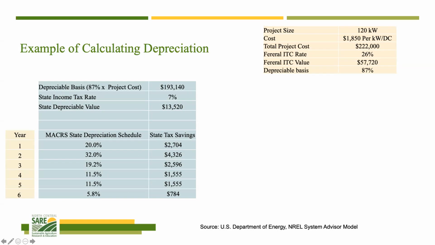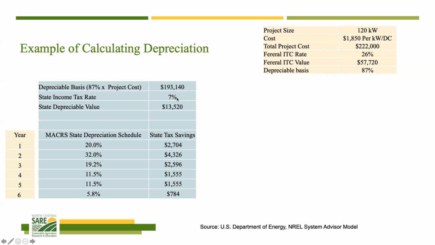And as I just discussed, because we're using the 26% investment tax credit program, we need to reduce the total project cost, which is $222,000, by half of the investment tax credit. So we'll take 87% times the total project cost to come up with our depreciable basis of $193,140.